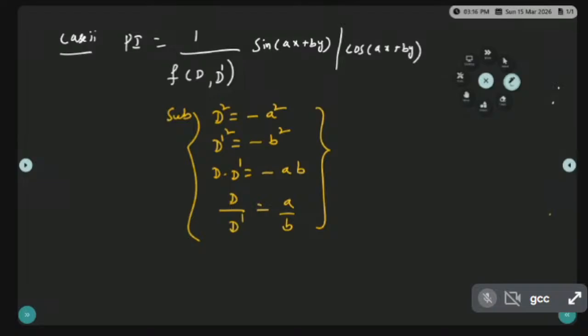With the help of these four, the problem is easily simplified. This is a familiar formula; already in the ordinary case also the same substitution: d square equal to minus a square, d dash square minus b square, d into d dash minus ab, d by d dash a by b.